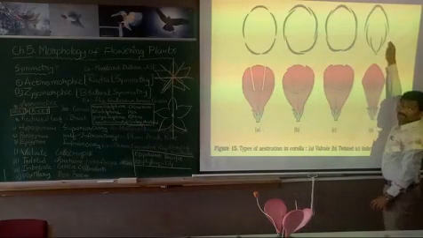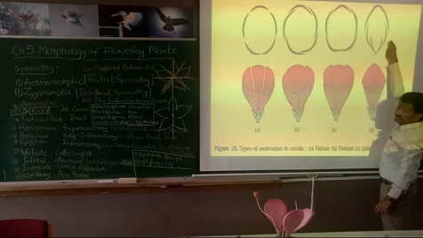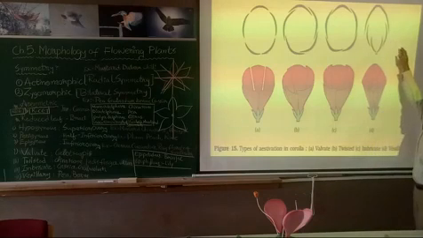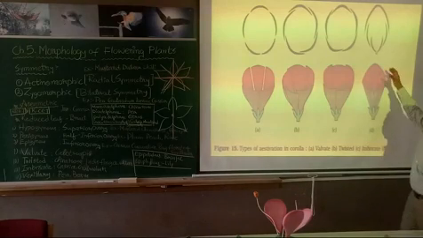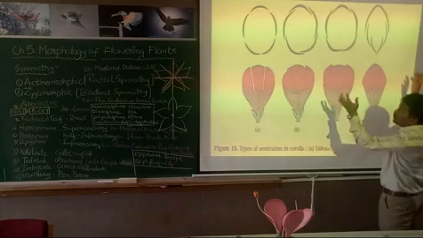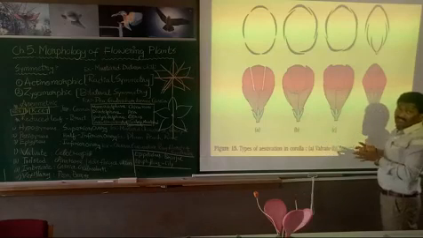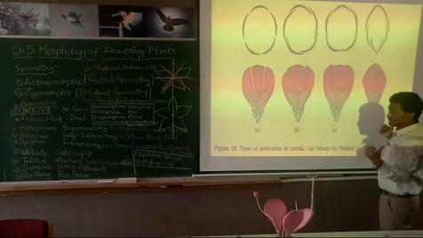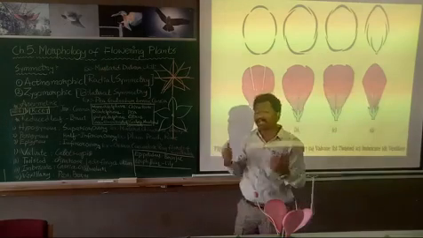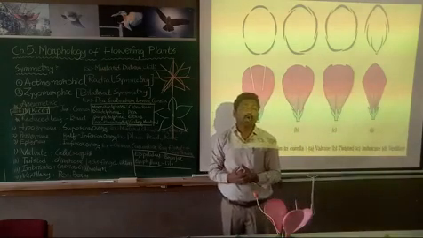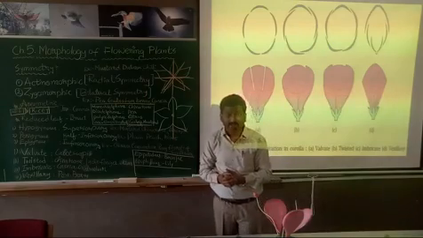The largest petal presented at the posterior side is called the standard petal. Next, on either side there are two medium-sized petals presented like wings. They are called wing petals. How many in number? Two in number, right?